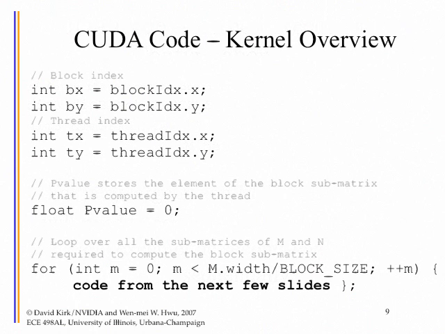If you look at the kernel code, remember the kernel is now supposed to generate 2 levels of threads, right? The blocks and then the threads in each block.